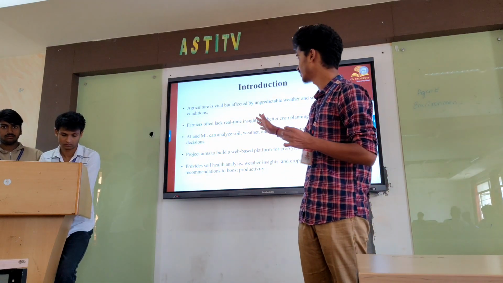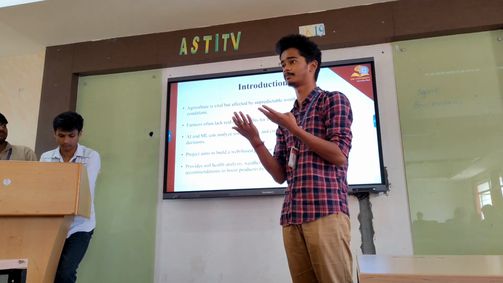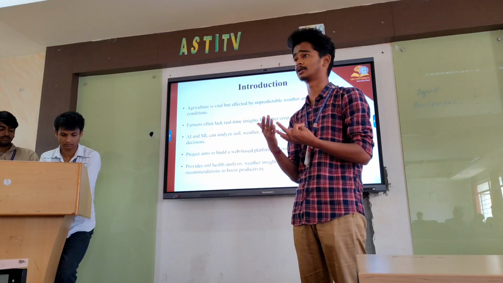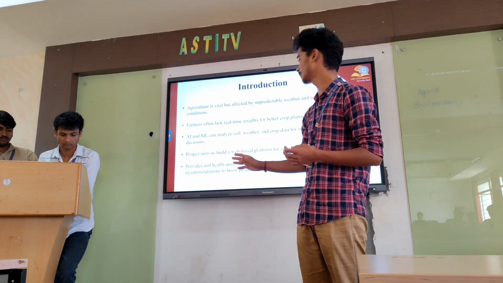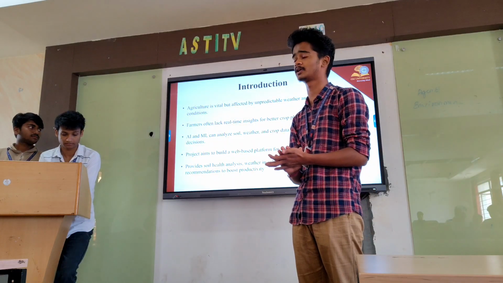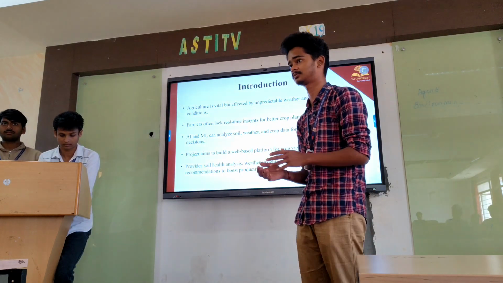So we will use CNN models, and we will take live data using sensors, and we will build a web-based platform so that they can predict their crop yields and their outcome and even their profits and margins.